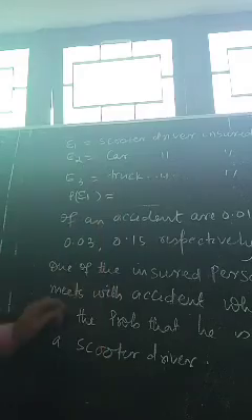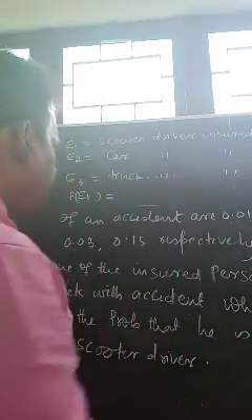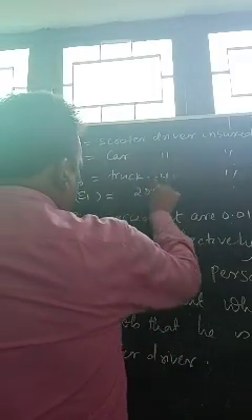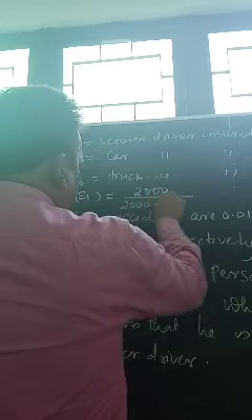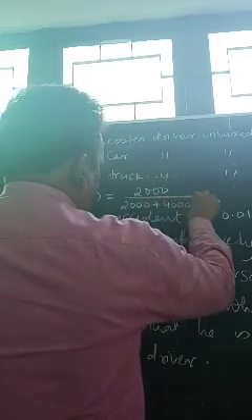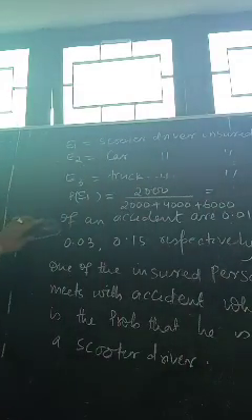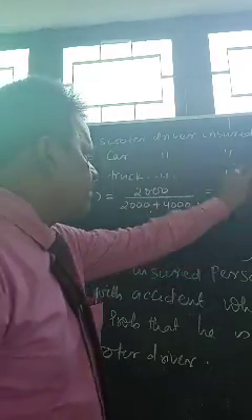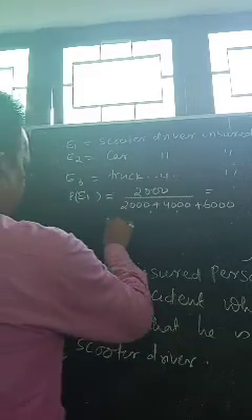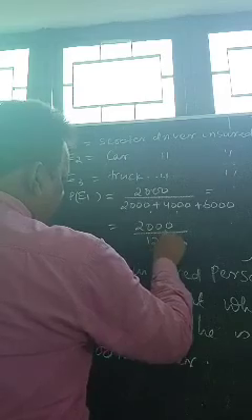How many scooter drivers are insured and what is the probability? Now 2000 by 2000 plus 4000 plus 6000. That means how much it is? That is 2000 by 12,000.